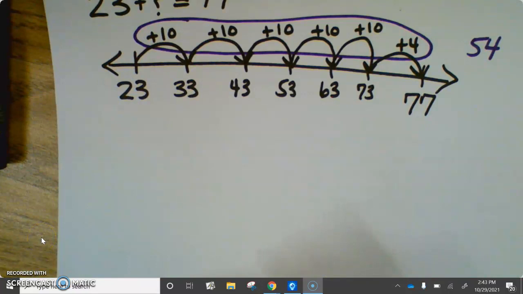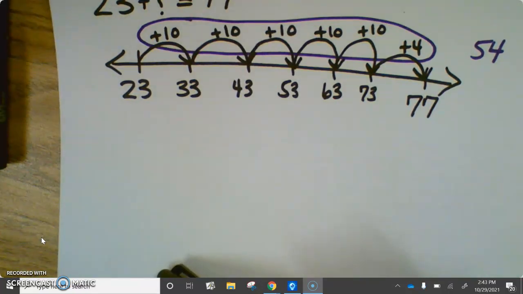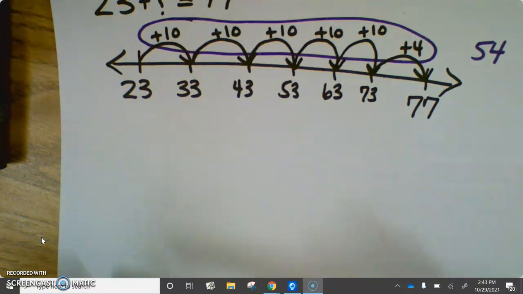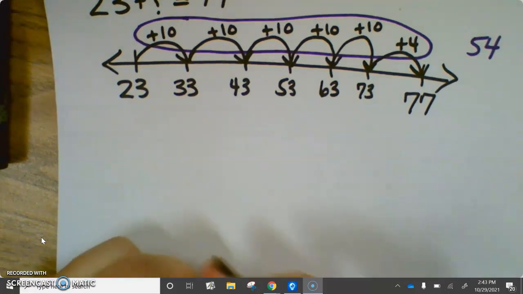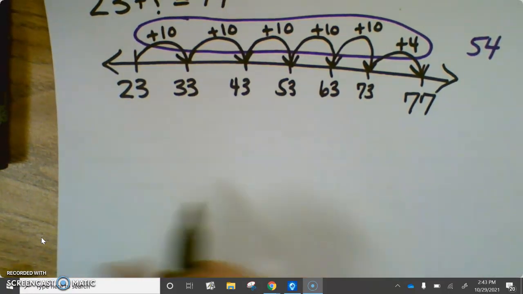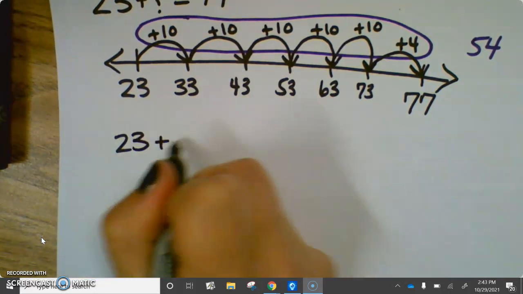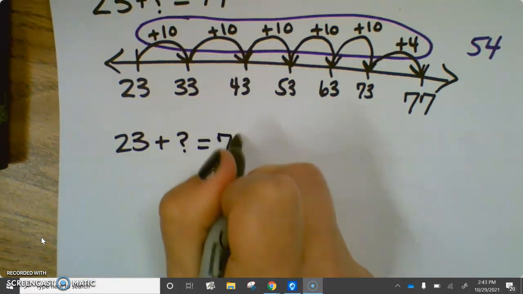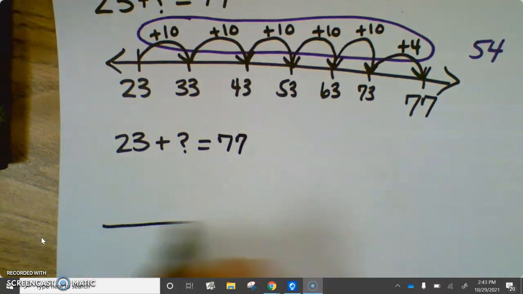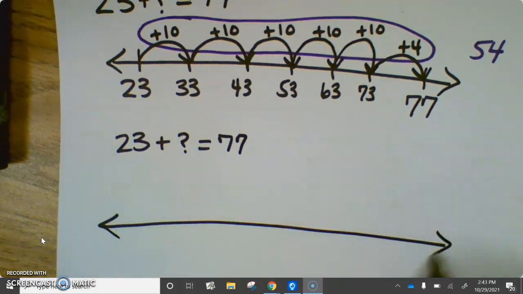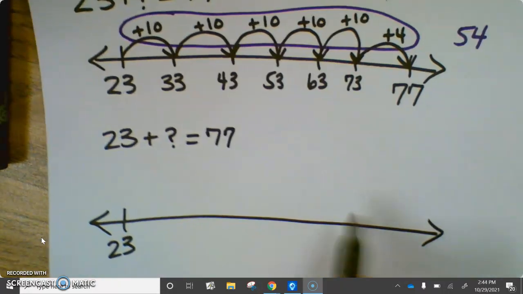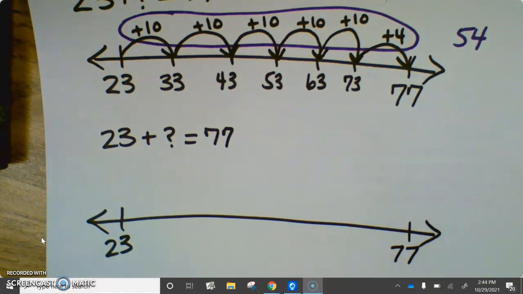Okay, now I'm going to show you how to add up to subtract starting with ones first. So we did the other one with tens first, and now we're going to do this one with ones first. So our equation was 23 plus something equals 77. Okay, we're going to draw our number line. We're going to start with 23 on the left, and we want to add up until we get to 77 on the right, okay?